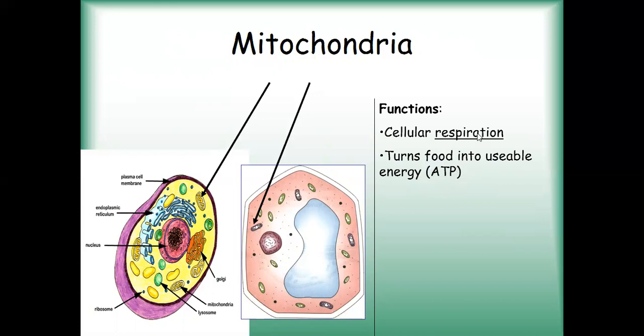Whenever we respire, the food is oxidized, and because of the oxidation of the food, some amount of energy is released inside our body. This energy that is released is saved in the form of ATP, adenosine triphosphate, which is stored inside our body. That is why mitochondria is known as the powerhouse of the cell.